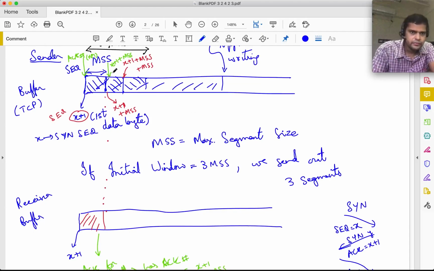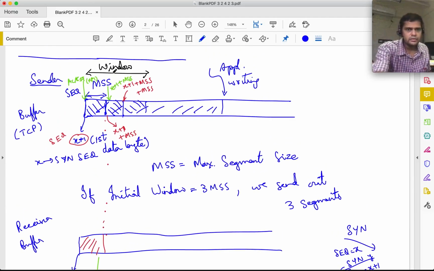So fair enough, we've got this particular segment, so we are sending that particular ACK. Now what can we do over here? The window is saying that the amount of outstanding data should be upper bounded by the window. Initially I could only send from the beginning this much data. Now I know that the receiver has got this, so I can actually push this window to the right.